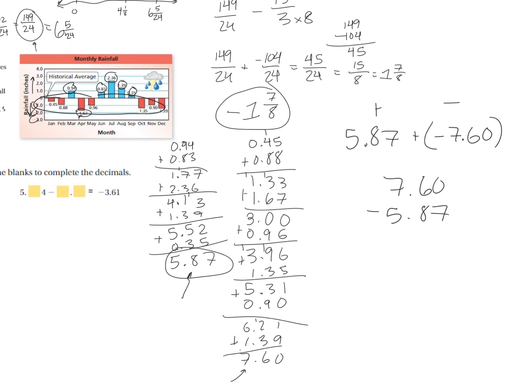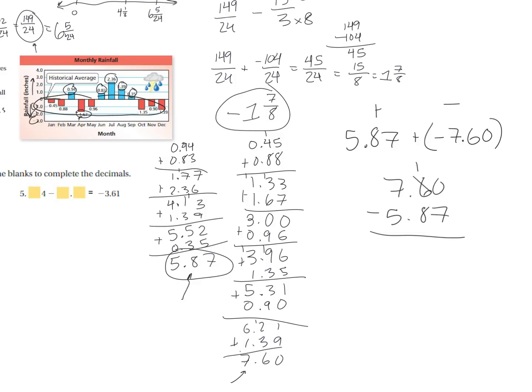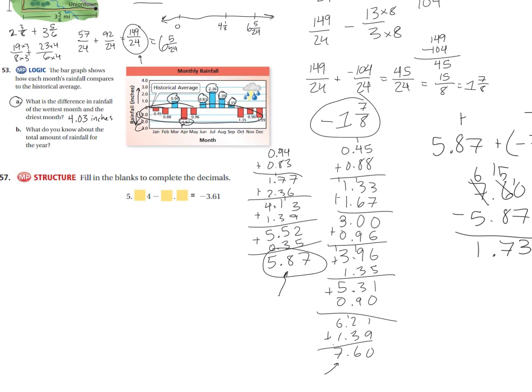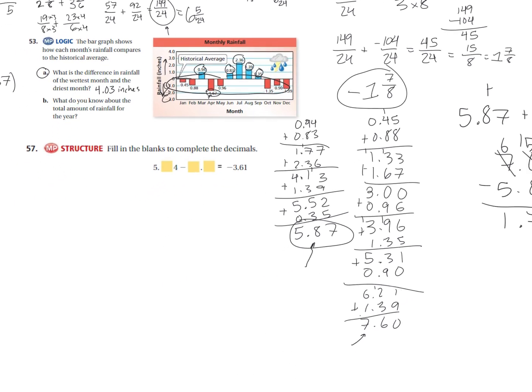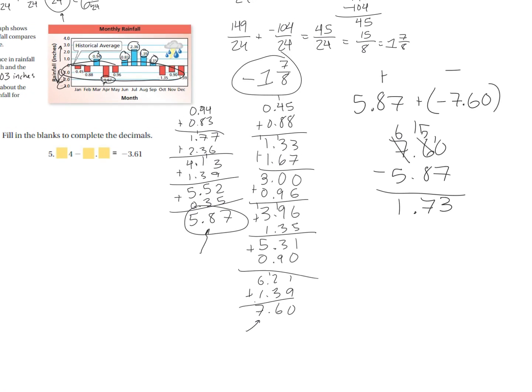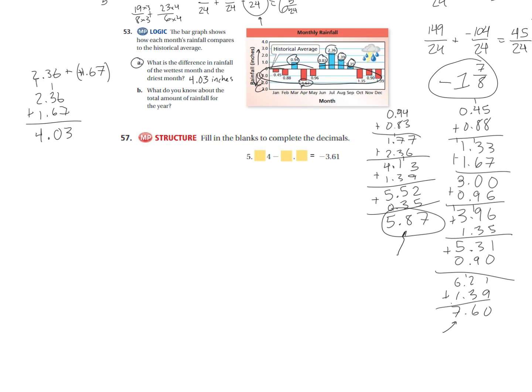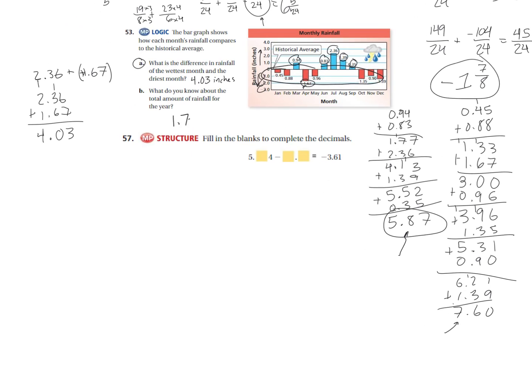I'm going to borrow here. 10 minus 7 is 3, borrow again. I get 7, and then I get 1. So, for the total rainfall for the year, since our negative values were greater, it means we were negative, meaning we had 1.73 less inches of rain.